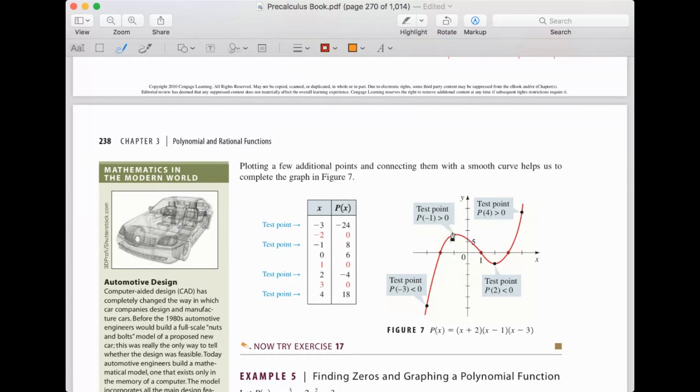We won't be able to find the local maximum and local minimum points exactly until you learn calculus. But at this point, we know x cubed with a positive leading term is like your right hand going up to the sky and your left hand going down to the floor.